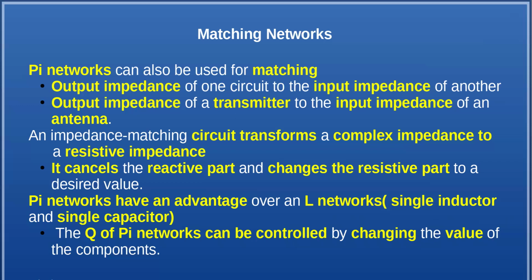So if you want to have a match over a wider bandwidth, you can do it with a pi type filter or network and get a match, maybe with a little loss, but over a wider frequency range.